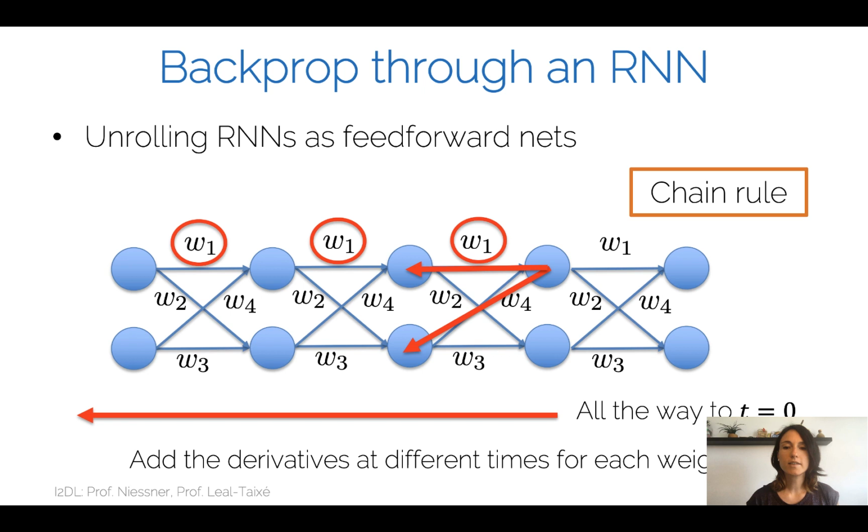And therefore, the derivatives are going to have to be combined. The derivative between the different time steps are going to have to be combined for each of the weights so that we can perform the backpropagation and train a recurrent neural network.